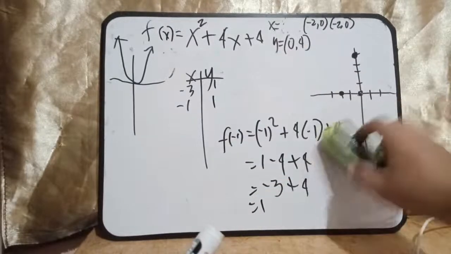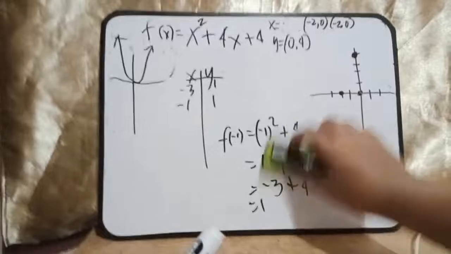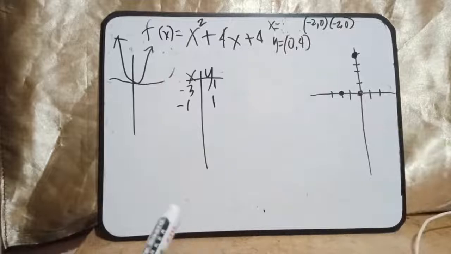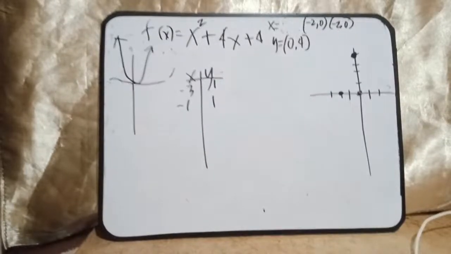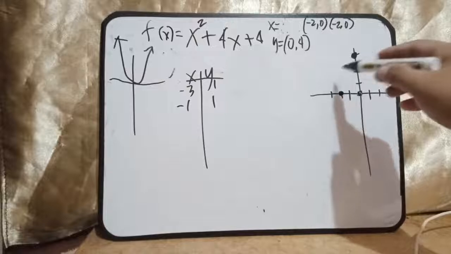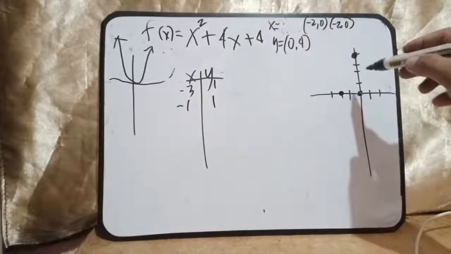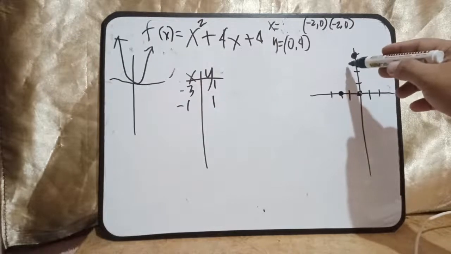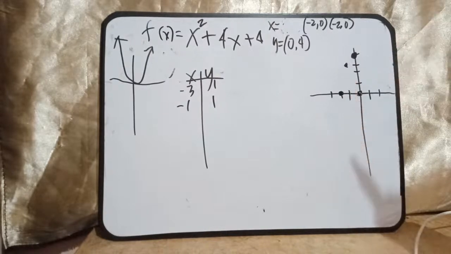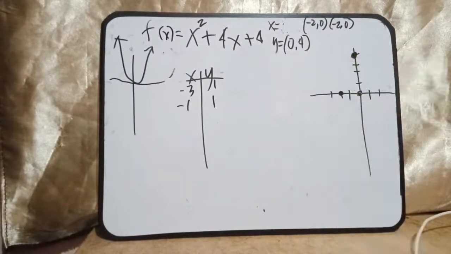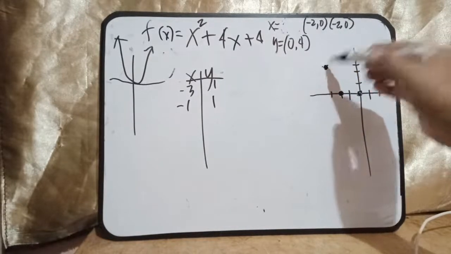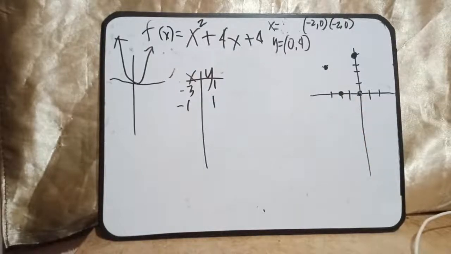So now we try to plot this to check if our prediction is correct. We have negative 3 and then positive 1. Ah no, because y is 1 only.